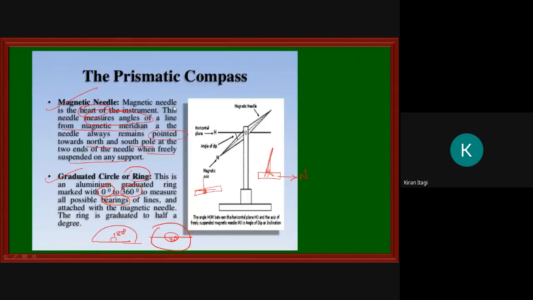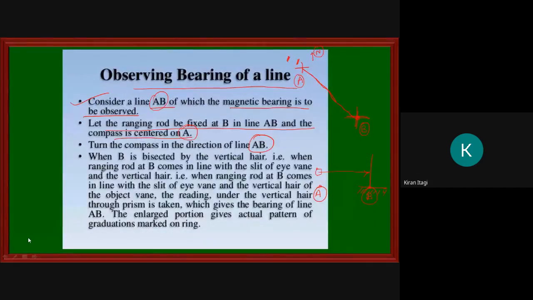So we should keep our compass at station A, and we should bisect the station B. When B is bisected or observed by the vertical hair, that is, when the ranging rod at B comes in the line of sight of the eye vane and vertical hair, all should be in a straight line: ranging rod, hair, and eye vane, all in a straight line.